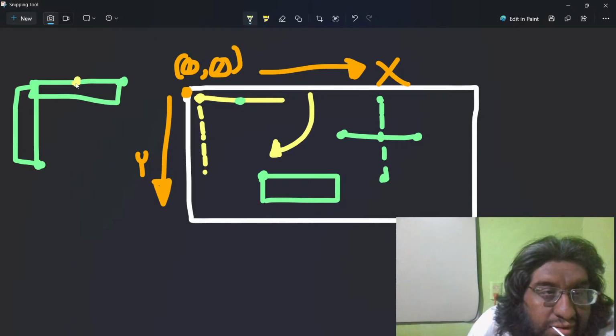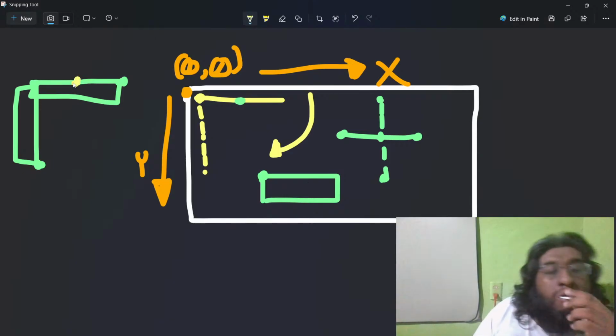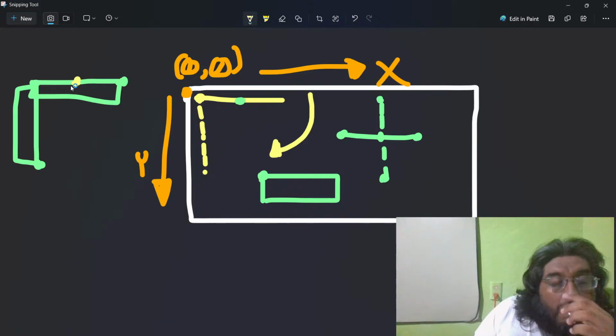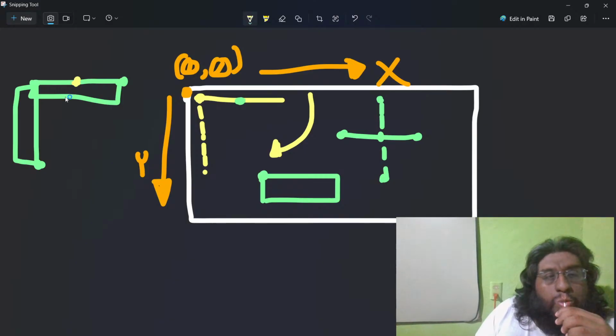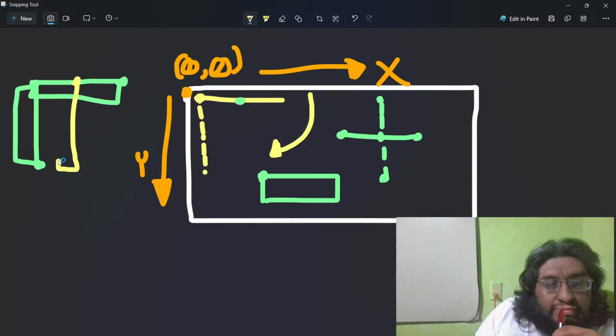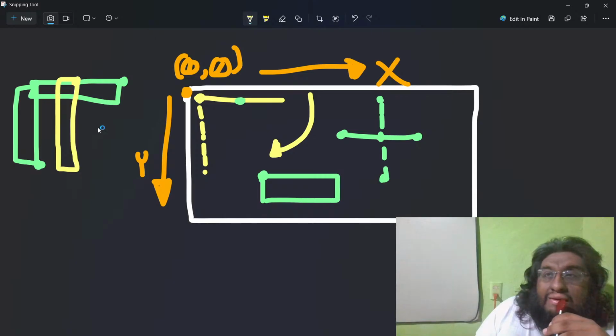If we find this, with the rotation, we don't need this either.